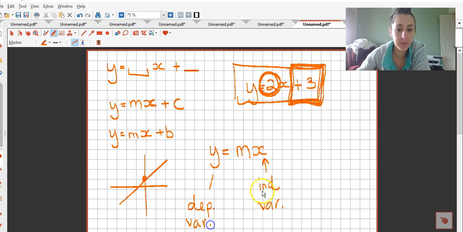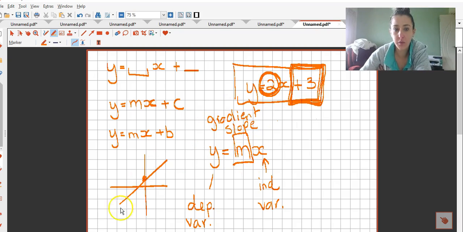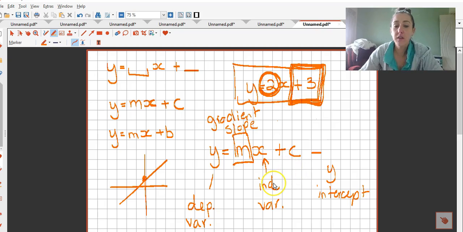This m is our gradient, the slope, rate of change, all of those kinds of words which describe the line. And we'll have this plus c, so that's our y-intercept. It might also be the initial value if we're working in the first quadrant and we don't have any negative x values.